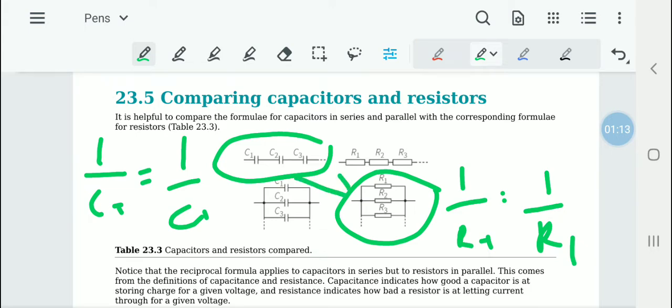So the relationship is like this. For parallel capacitors, total capacitance is equal to C1 plus C2 plus C3. For series resistors, it is R1 plus R2 plus R3. I hope that makes sense to you.